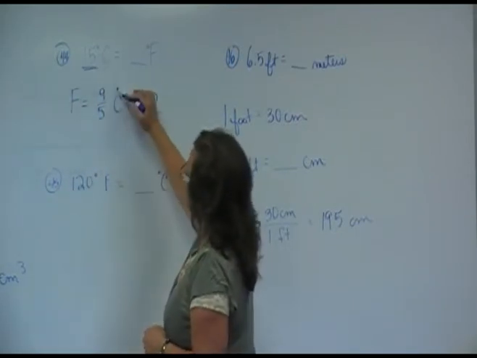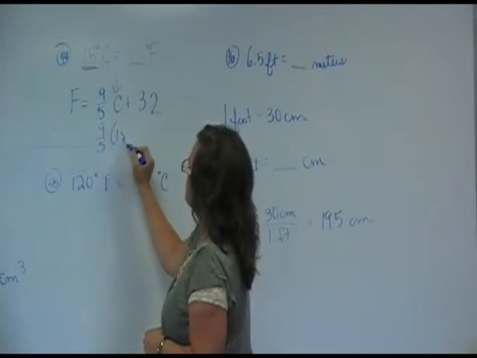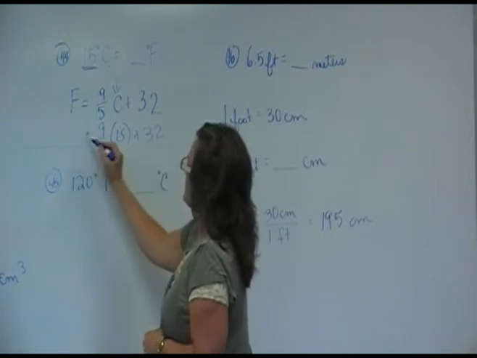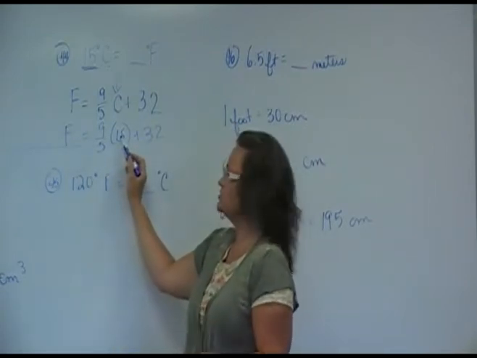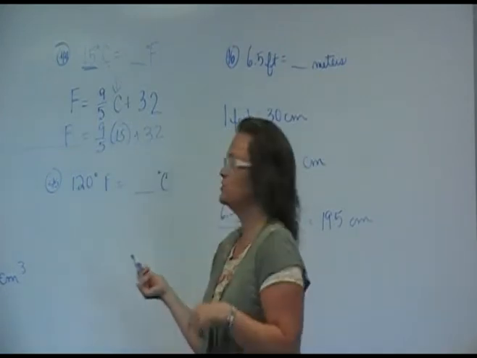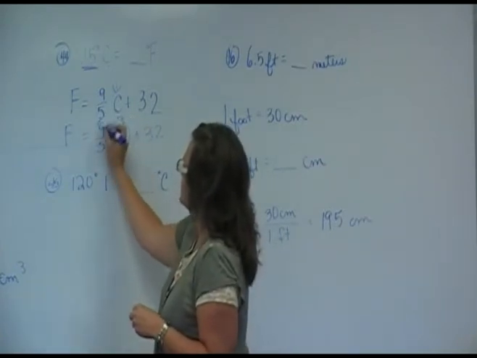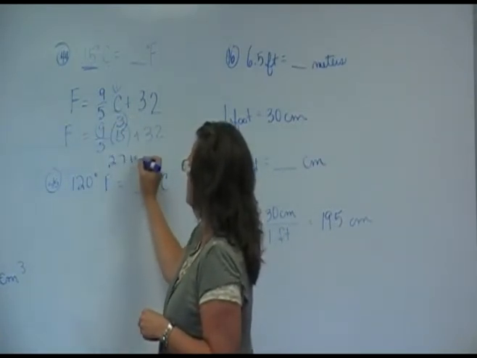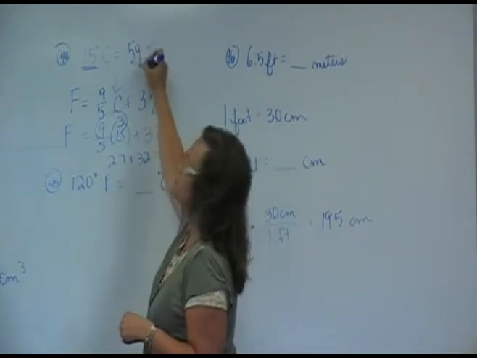So you drop that 15 into C, 15 Celsius, and solve that equation. 9/5 times 15, you can do this on your calculator. That would multiply to be 27 plus 32, which is 59. So that should be 59 degrees Fahrenheit.